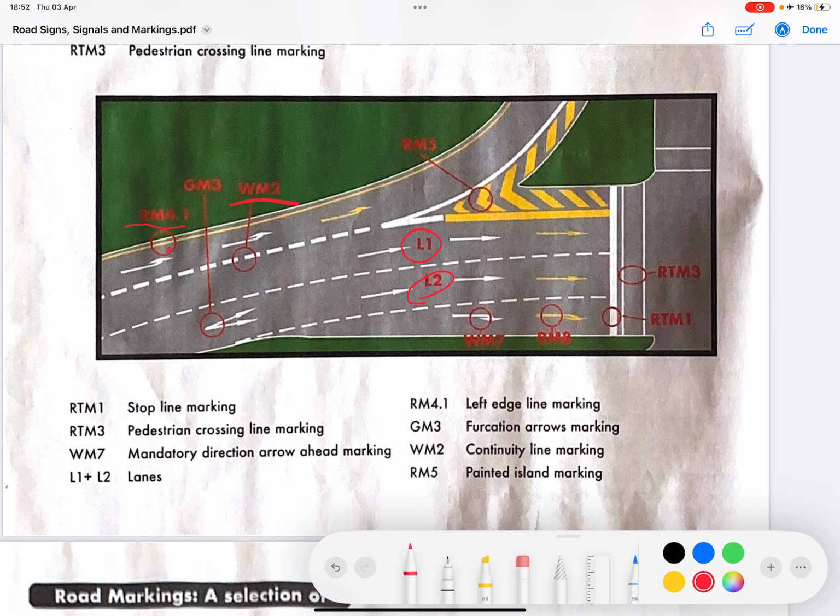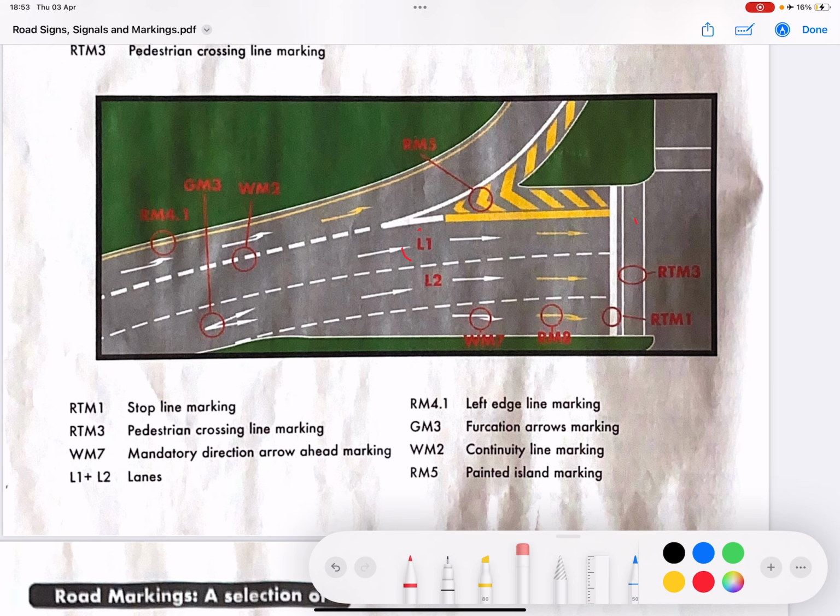Then WM7, mandatory direction arrow ahead. RTM3, pedestrian crossing lines. RTM1 is a stop line. And then the painted island marking. That's everything here.